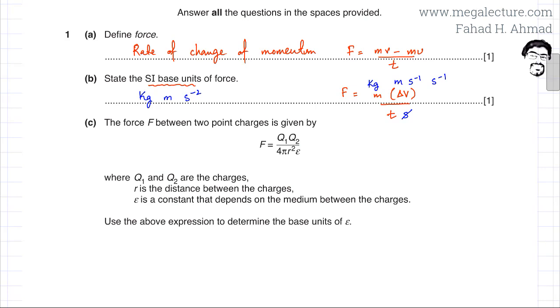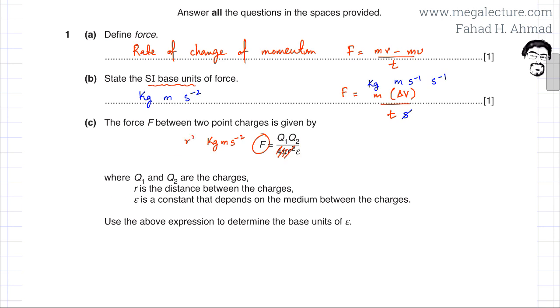I'm going to start with F, because for F I've already figured out the base units. So F is kg m s minus 2. 4 pi is a constant, so it is not going to have any units. I'm going to bring r squared over here.